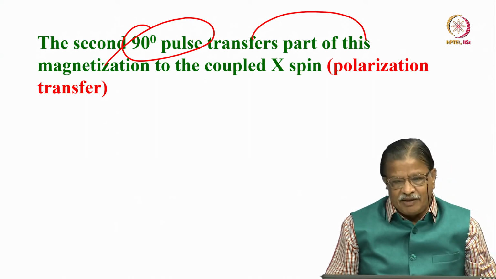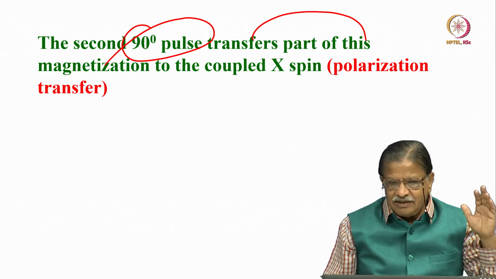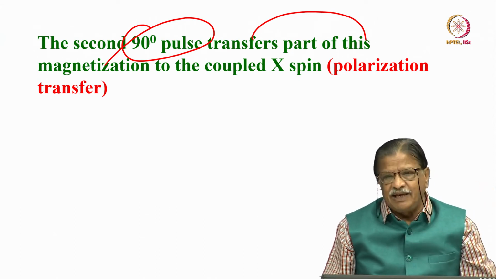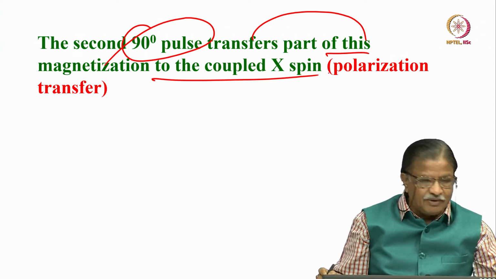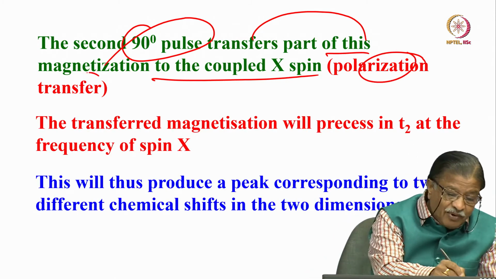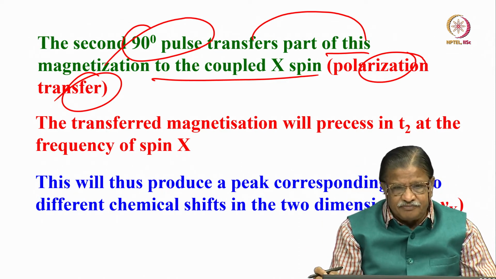Here mixing is happening. In the T1 period, both chemical shifts and J coupling are evolving. In the 90 degree pulse, mixing takes place and part of this magnetization gets transferred to the coupled X spin. This is what is called polarization transfer. We discussed this a lot.